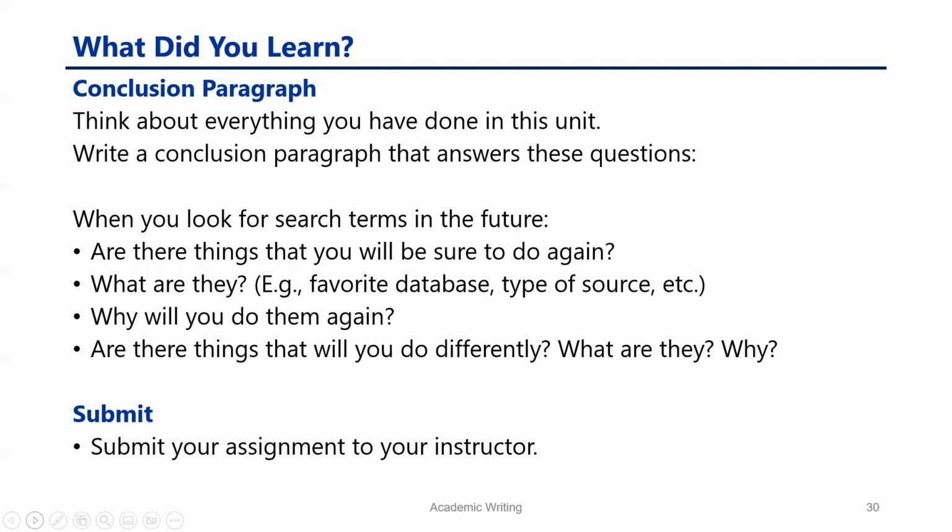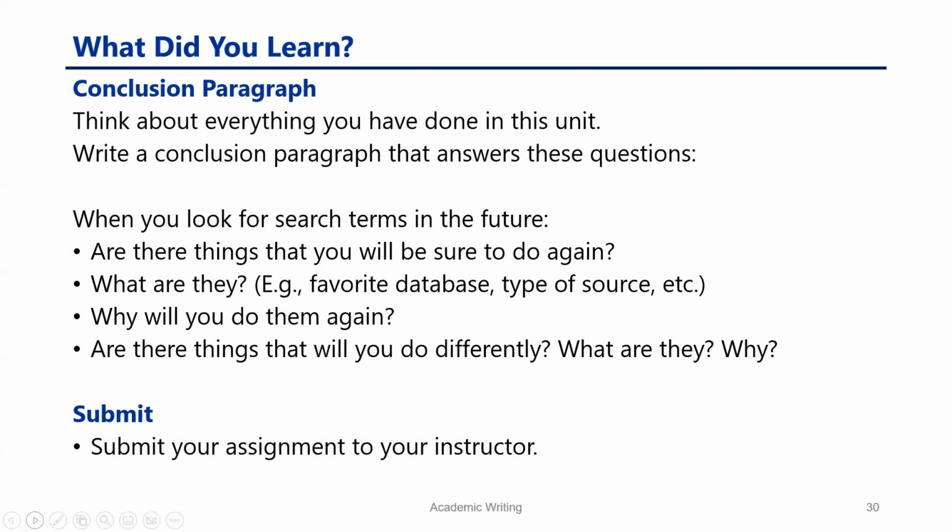That is, are they things that worked really well for you and gave you lots of search terms, and you want to make sure that you do that again? What are they? For example, did you have a favorite open access database? Was there a type of source like a book or a journal article that you liked better? Why will you use these things again?